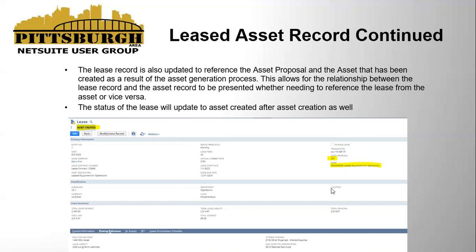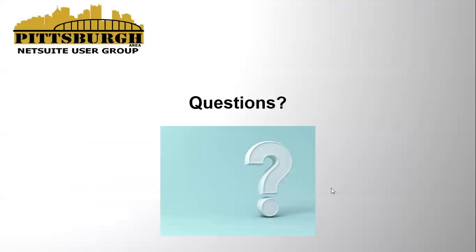So there is that final tie to pull the two together if there ever was a need to reference one from the other. And then once that asset had been created, the lease record will change its status to Asset Created. So at this point, the asset has been created, the lease record is good, and we're at that point. So it may have been a lot to soak in.